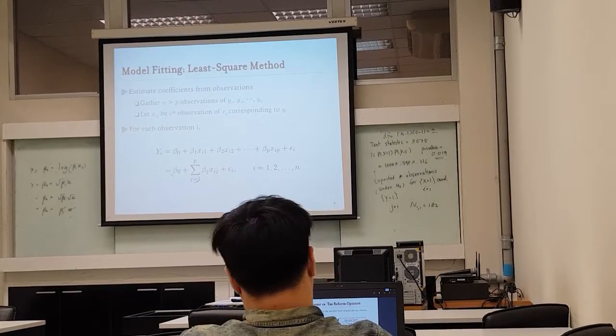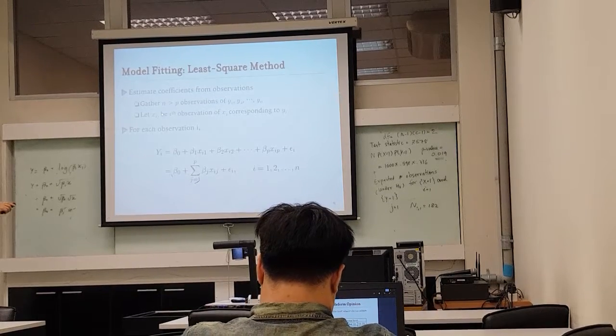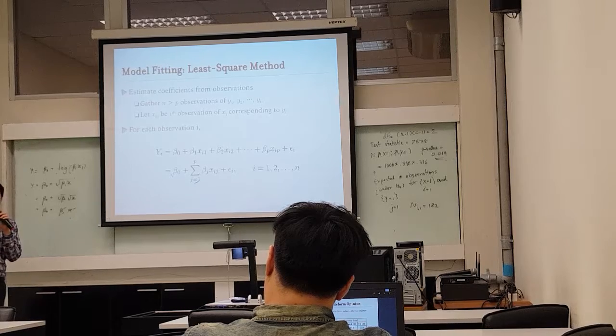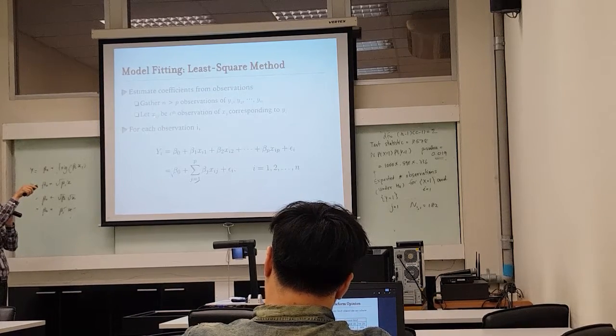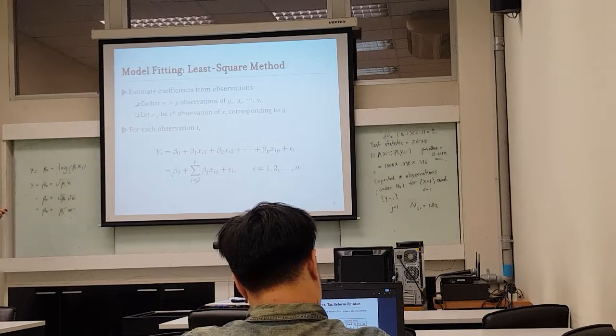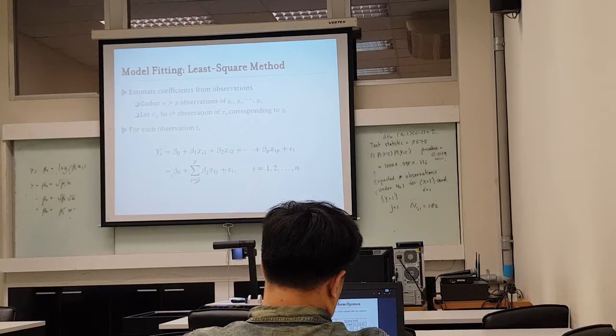And xij is the observation of xj. In this notation, j is the index for the predictor, and i is the index for the observation, 1, 2, 3 to n. So your equation will be like this.